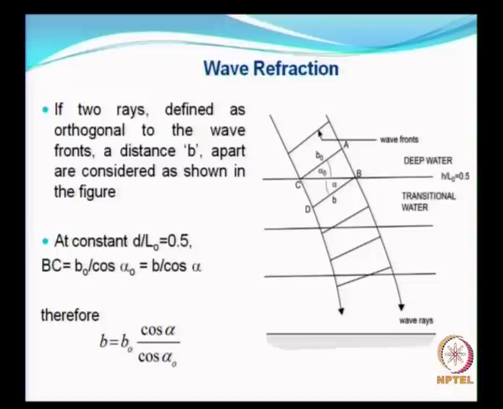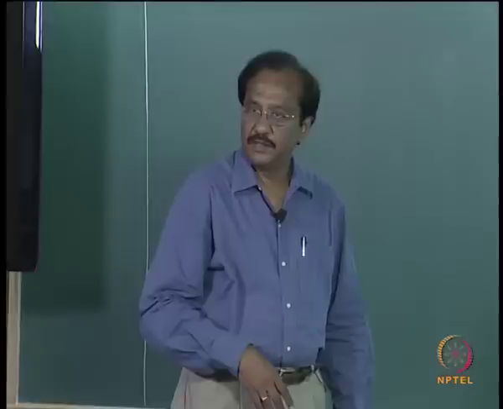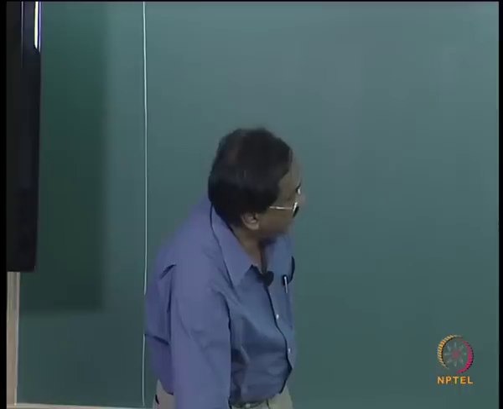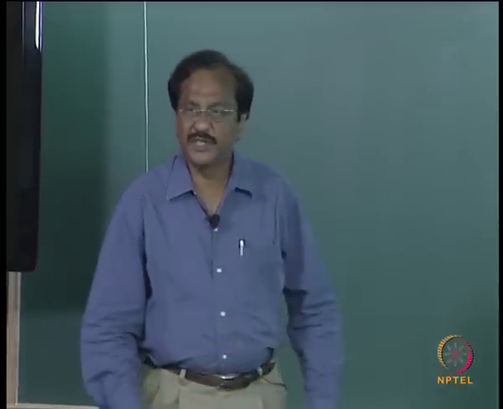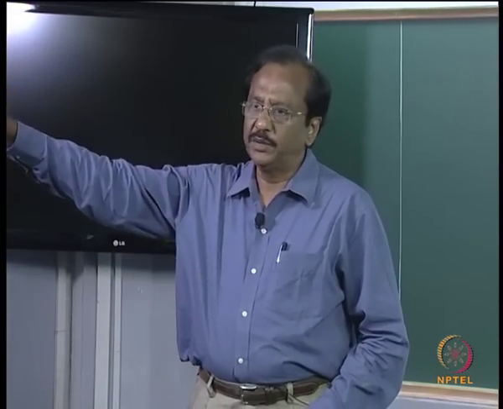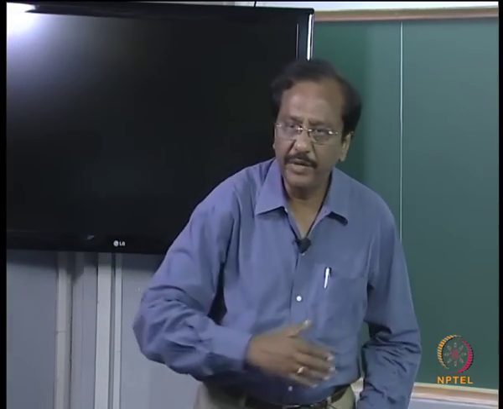I can extend this for a complete region running for 100 kilometers, and we can assume the distance between the orthogonals in deep waters, maybe 2 meters or 3 meters or 50 meters or 100 meters, and see how it keeps changing as the waves bend.